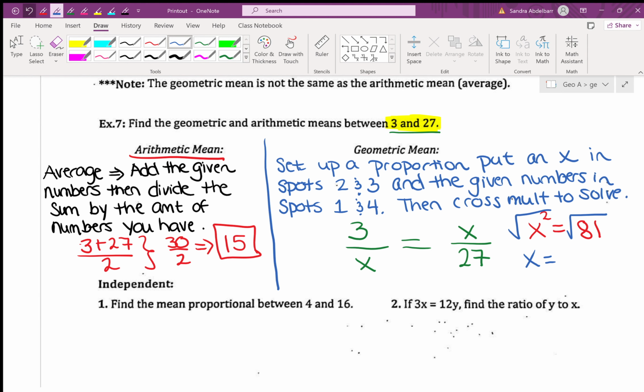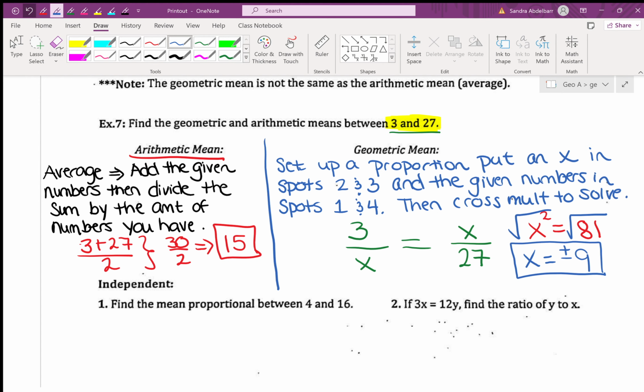Oh, negative 9 times negative 9 is also 81. So our answer becomes plus or minus 9. You need to account for the positive and negative. If you do not, you lose some points because you're missing a whole answer. So anytime you take a square root, it's immediately plus or minus. You have the positive value and the negative value of that number.